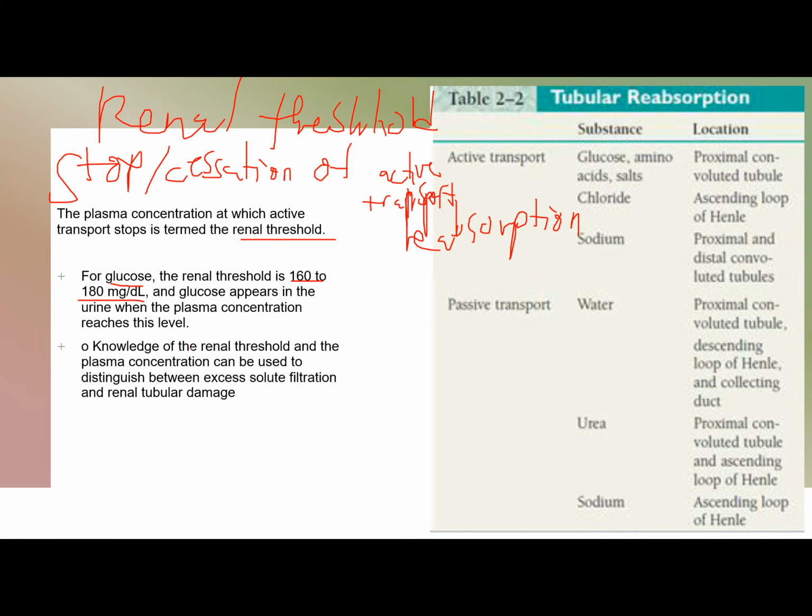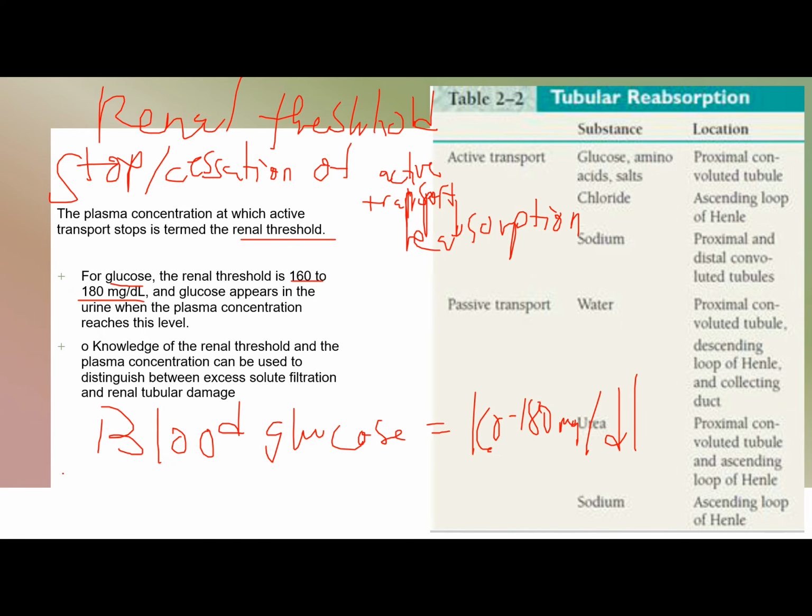So pakitandaan klasa, kapag ang blood glucose mo umabot sa threshold na yan, 160 to 180 milligram per DL, what happens is that you would have glycosuria. Glyco meaning glucose, uria, urine.